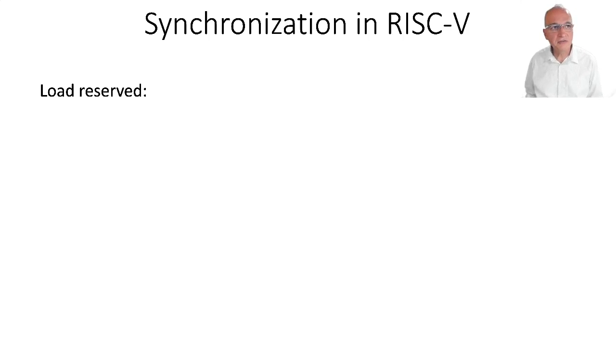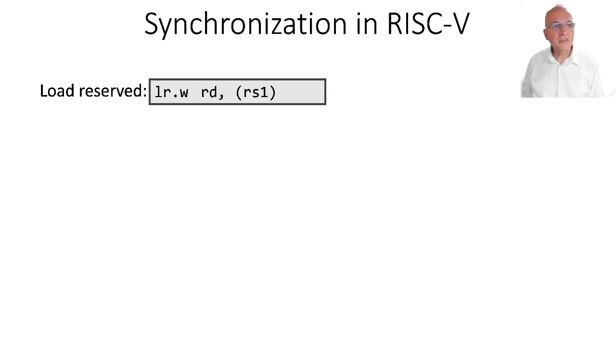So here is how synchronization works in the case of RISC-V. Just like I illustrated with my analogy with the road in the beginning of this lecture, RISC-V has an instruction called load reserved, LR.W.